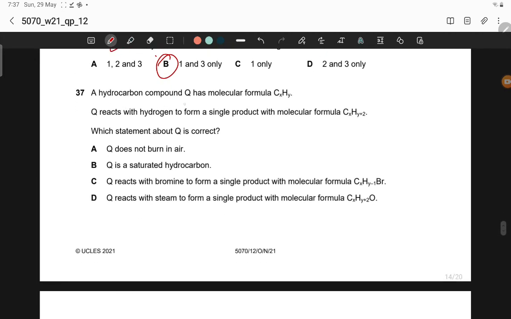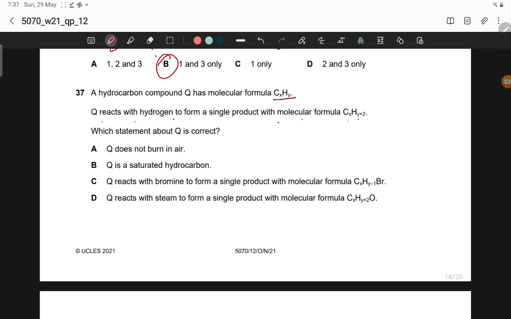Question number 37. A hydrocarbon compound Q has a molecular formula CxHy. Q reacts with hydrogen to form a single product with the molecular formula CxHy+2.